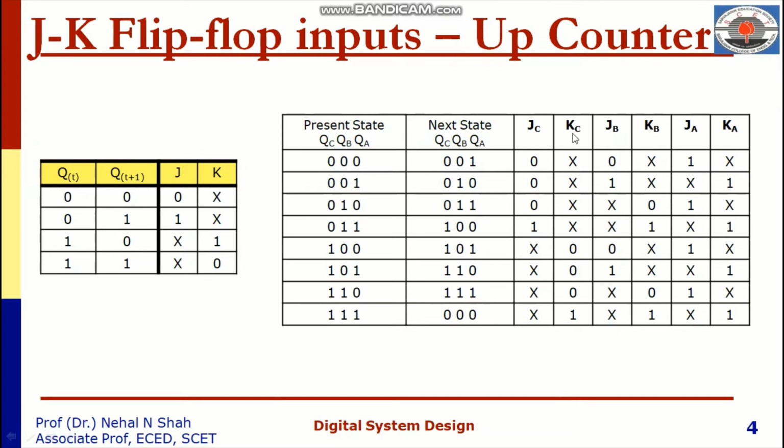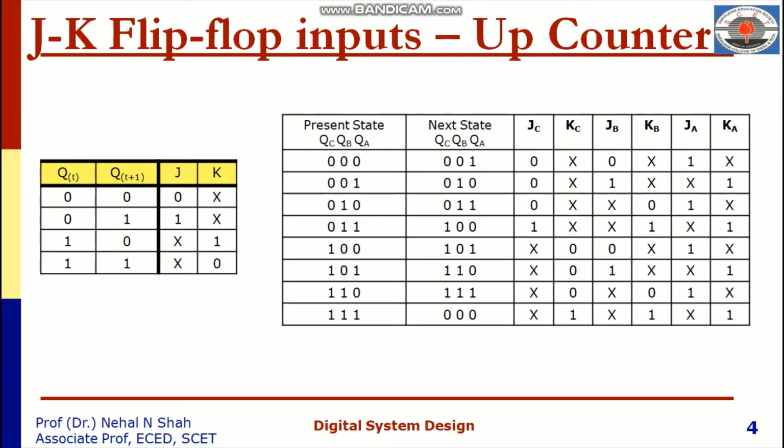These JC KC inputs are decided based on the flip-flop excitation table. Similarly, by looking at the QB column in present state and QB column in next state, the JB KB columns are decided, and using a similar mechanism, the JA KA columns are decided. You can take your time and derive this table.